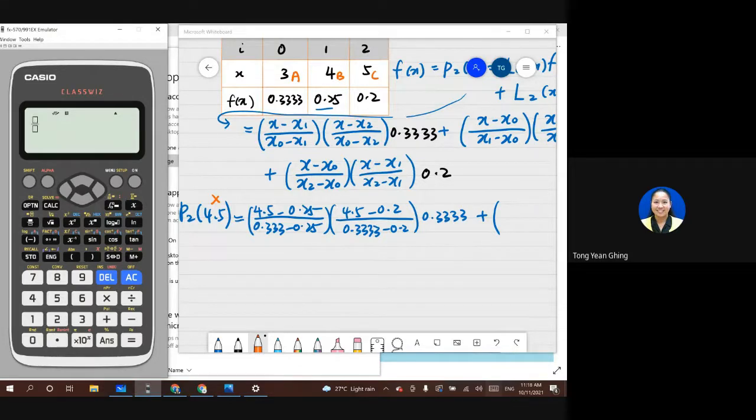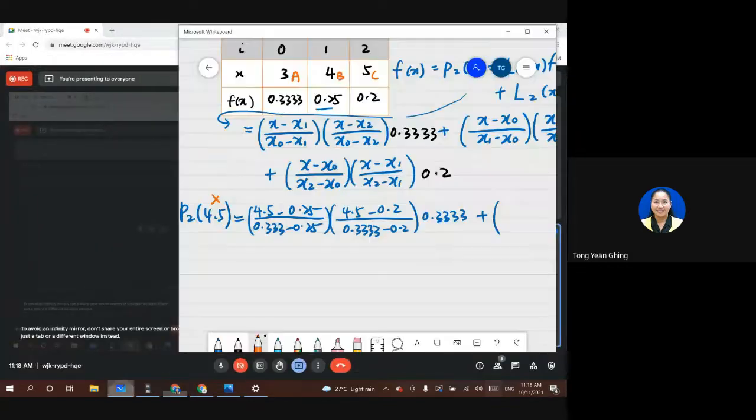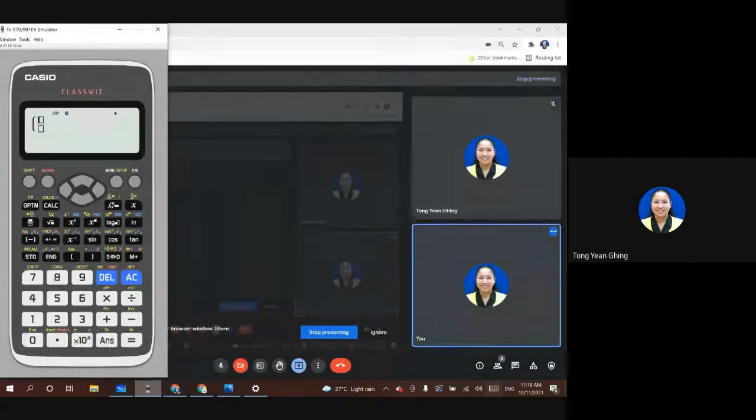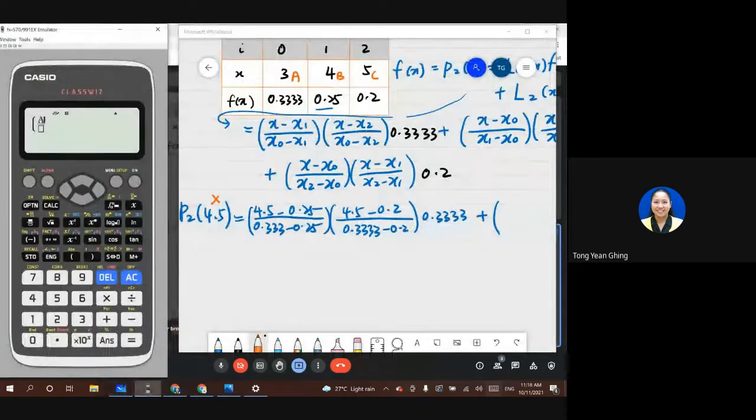So it's a fraction. So alpha x minus alpha b. Then at the bottom here, this is alpha a minus alpha b.